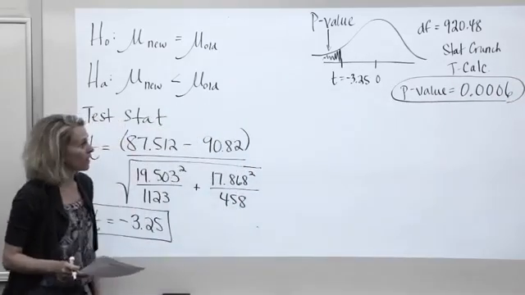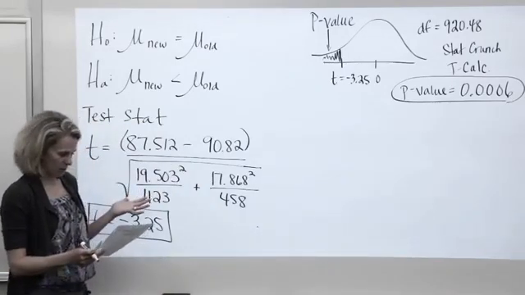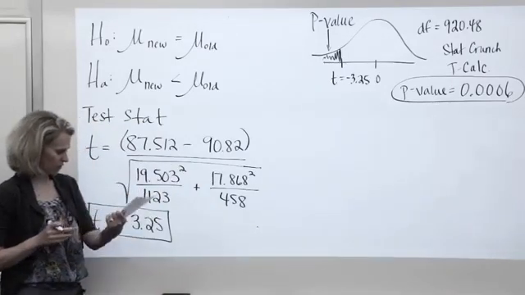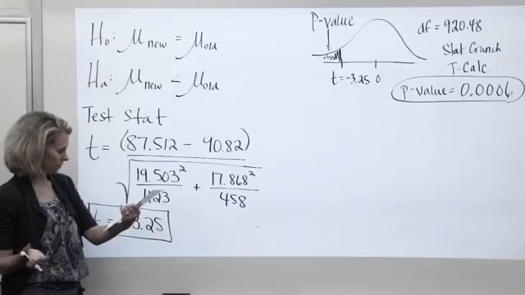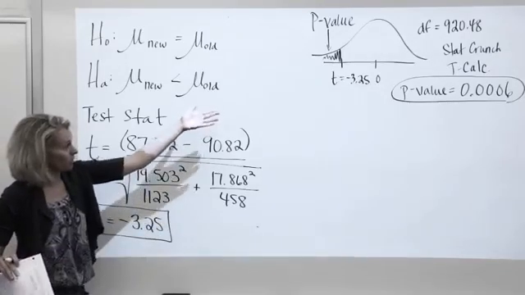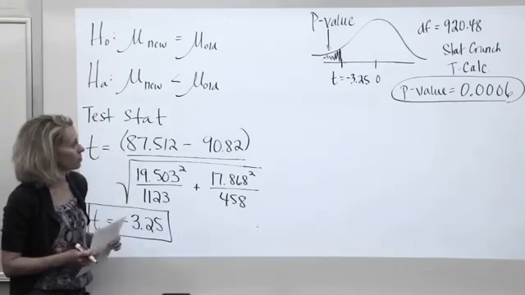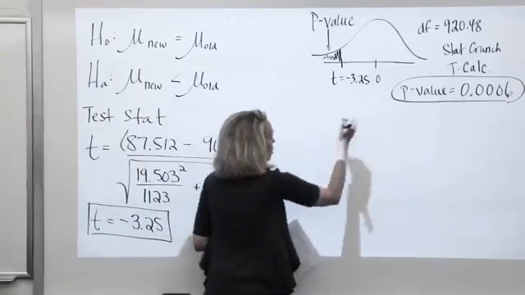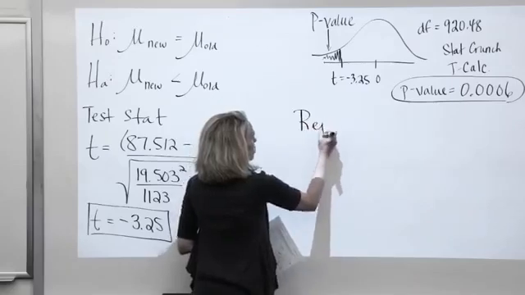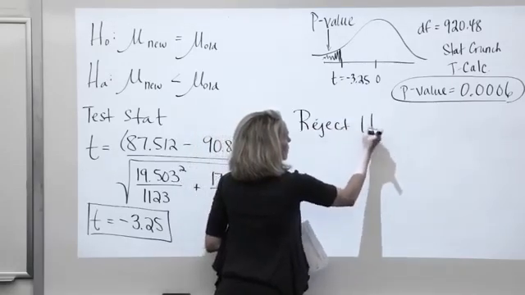So very small p-value. I don't think we're given a significance level in this one, but if we were, that would be smaller than any practical significance value you'd be given. So because this is so small, we will definitely reject the null hypothesis.